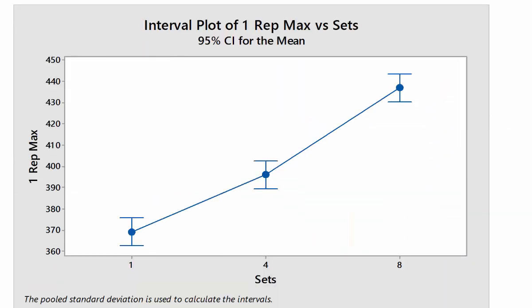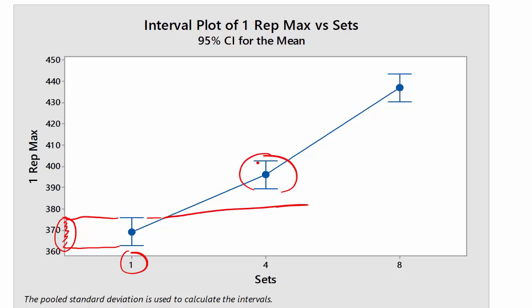All right, so when you take a look at this diagram, it becomes very clear that there is a significant difference between all the means, because you can see here that this vertical distance on this axis, right? So in other words, this is where we think the true mean lies for the 1 set group. This is where their true maximum squat lies for the 1 set group. And you can see that there's no overlap whatsoever with this category here, the 4 set group, right?